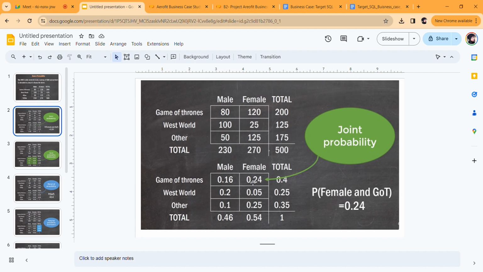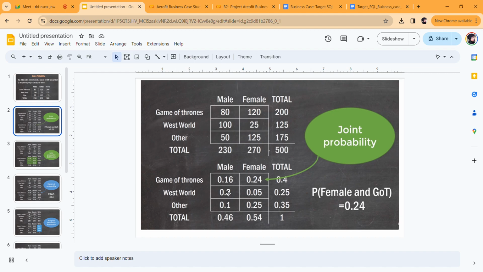So 0.24 is the probability that females are interested in Game of Thrones. Females interested in Westworld have a probability of 0.05, and females interested in the others, that is 0.2.